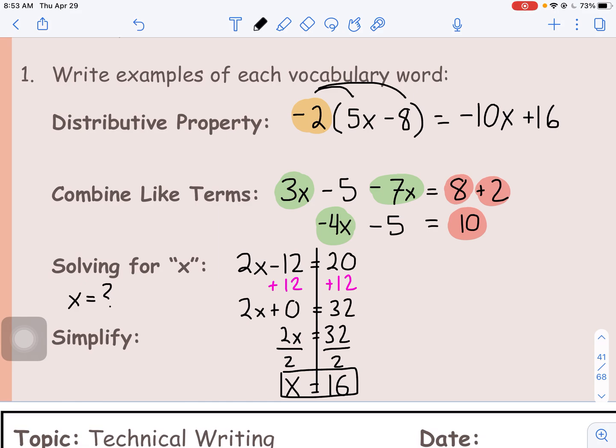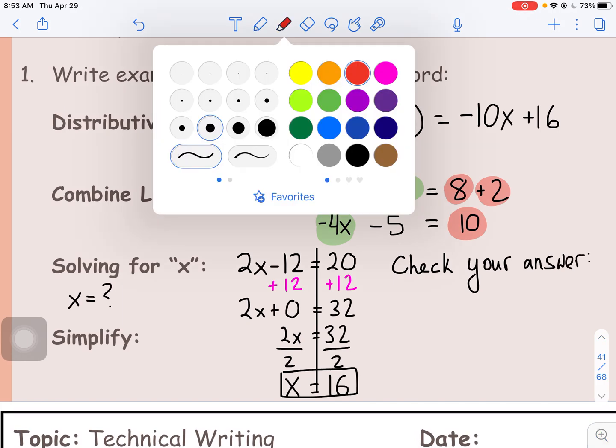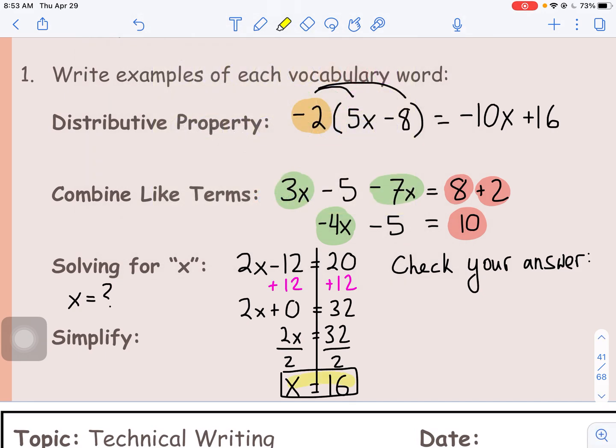We're also going to often ask you to check your answer. When we say check your answer, it means take your answer that you got and plug it back into your original equation for x and see if it's true.